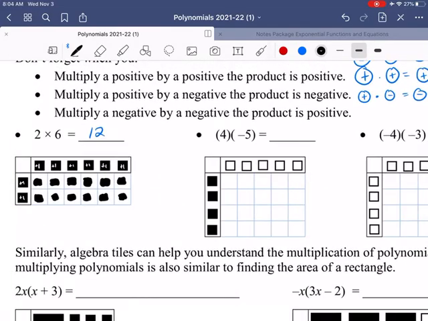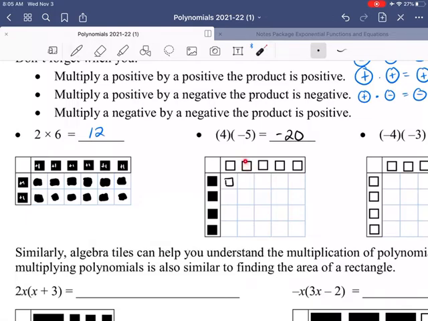Let's do this one. 4 multiplied by negative 5 is going to give us negative 20. Looking at this array of tiles, we're going to multiply these two. Positive 1 multiplied by a negative 1 gives us a negative 1. We do the same thing for the other ones.